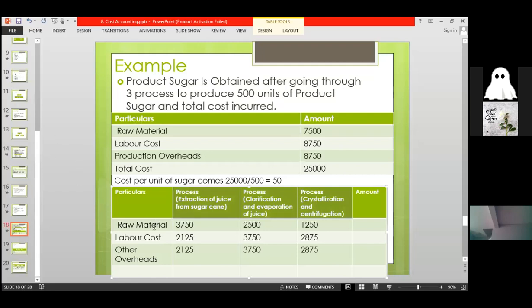Actually, let's not divide the expenses. I'll write them in percentage. You guys can calculate it for yourself.